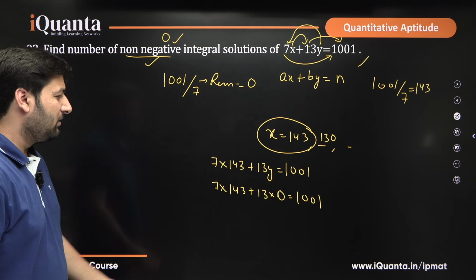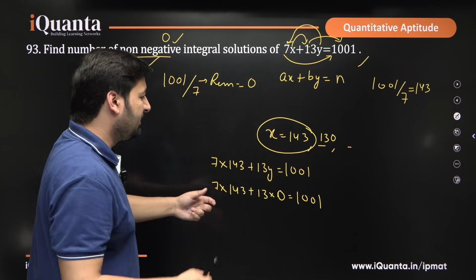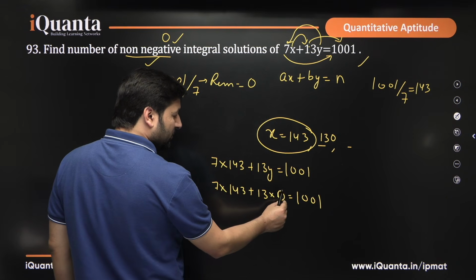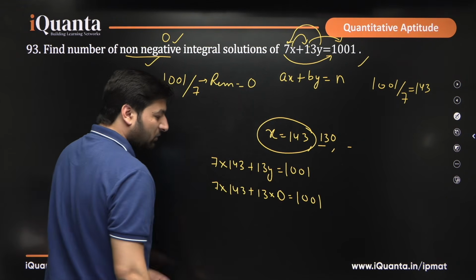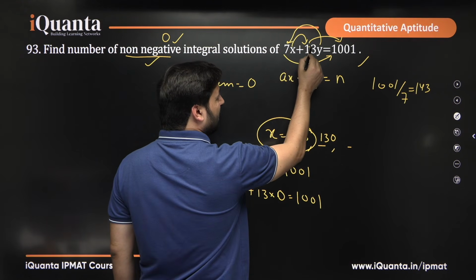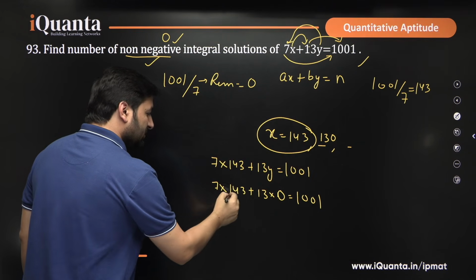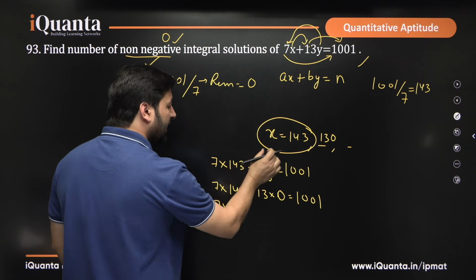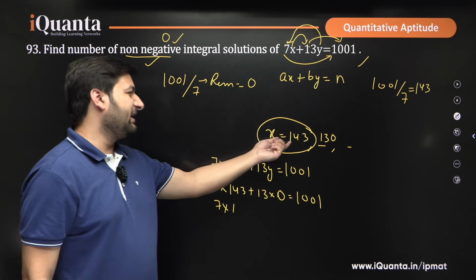You can find a pair. The next set of values for which it will work: y is equal to 0 and x is 143. I just said that the values of x will be at a gap of 13, that means the coefficient of y. You cannot go ahead of 143 because x can have a maximum value of 143.